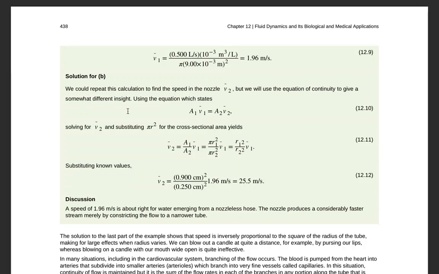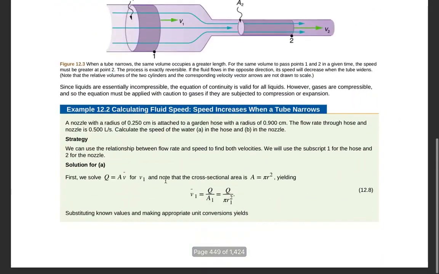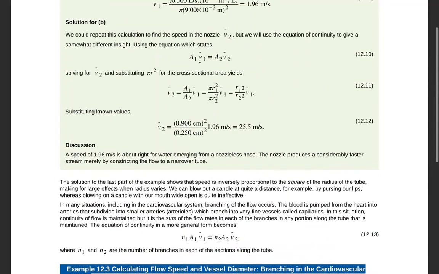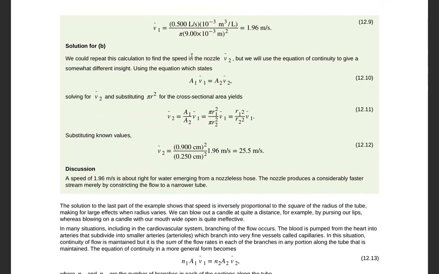You could use that same equation for v2, but we're going to go ahead and just use A1 v1 equals A2 v2, because Q1 should equal Q2. We know A1 and A2 are areas, so we find the areas for those cylinders, and we also know v1 now that we just found.